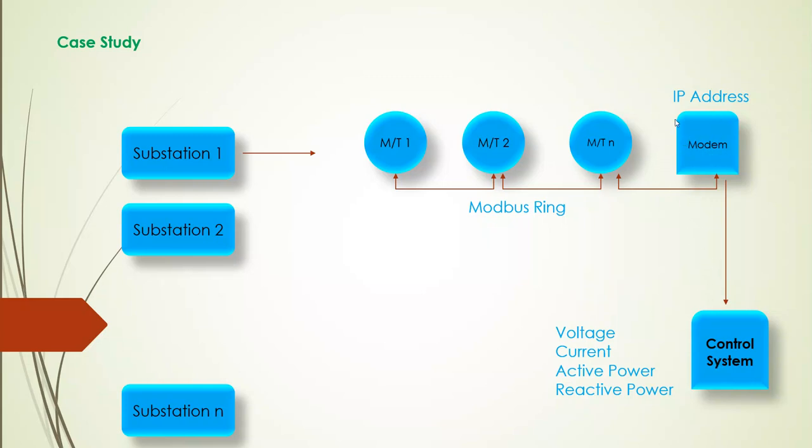This modem has an IP address. As you know, any substation has a unique IP address, so you can select the IP addresses of each substation that you want to monitor, and then monitor the main parameters in real time.